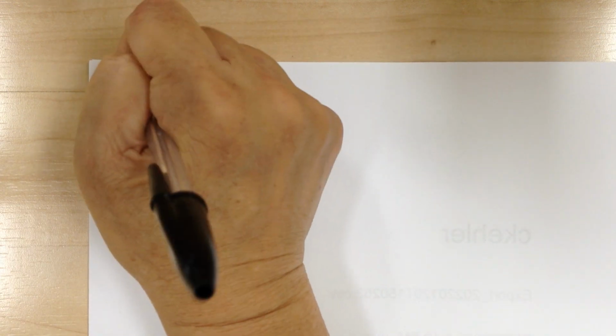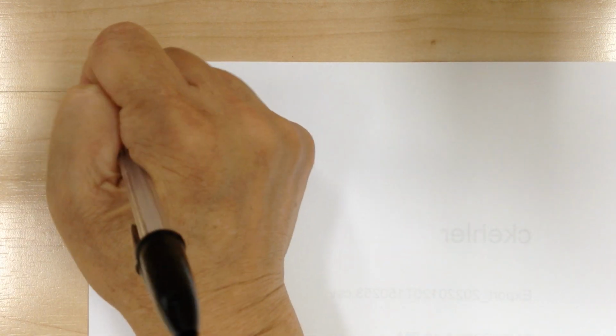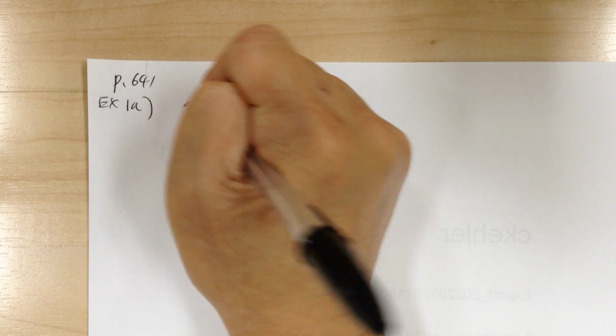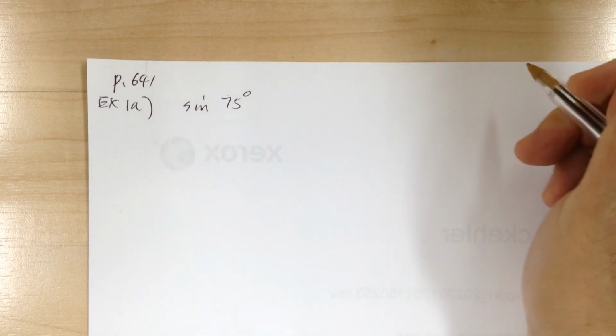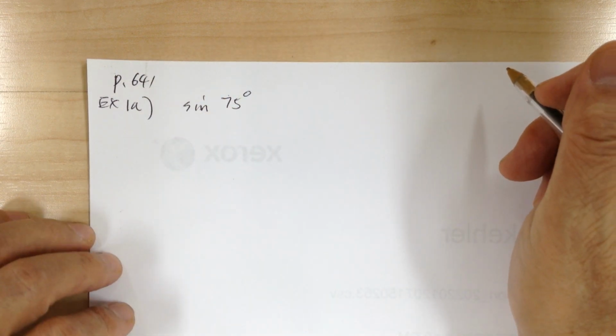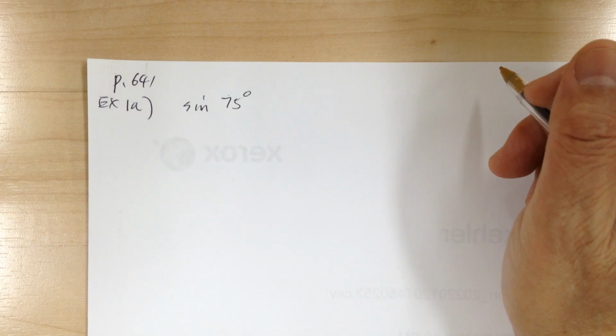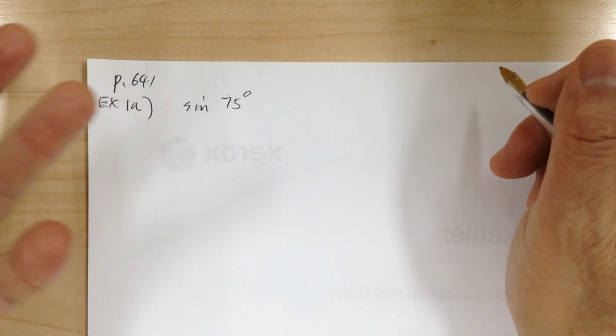Let's go to page 641 and example 1a. So you're looking for sine of 75 degrees. From geometry, you know about the 30, 60, 90 special triangle. You know the 45, 45, 90 special triangle, but there's no 75.